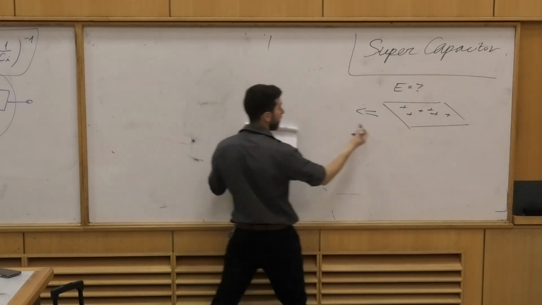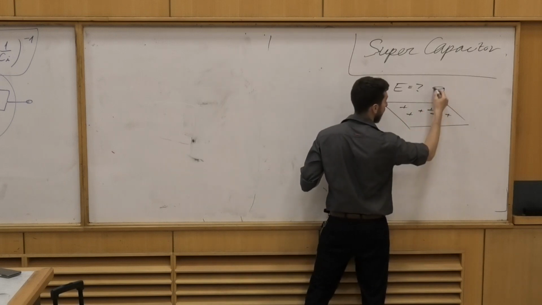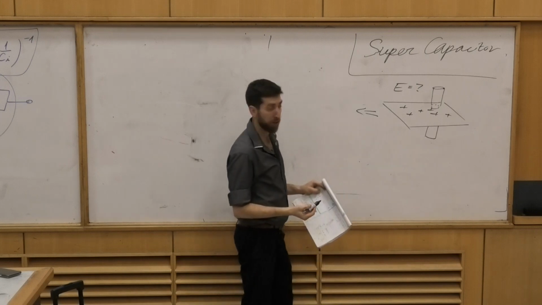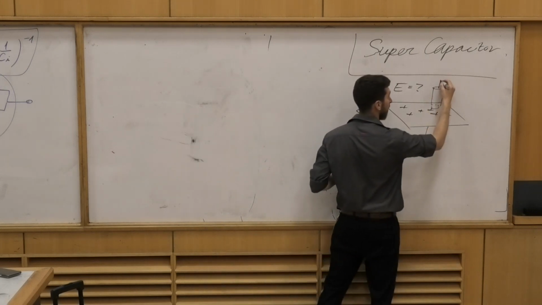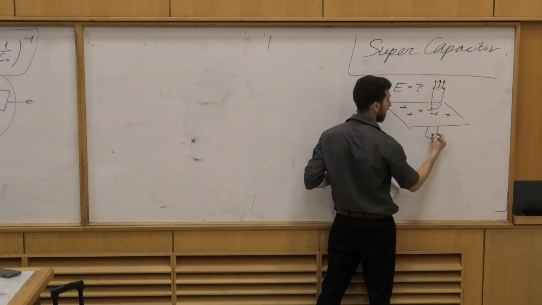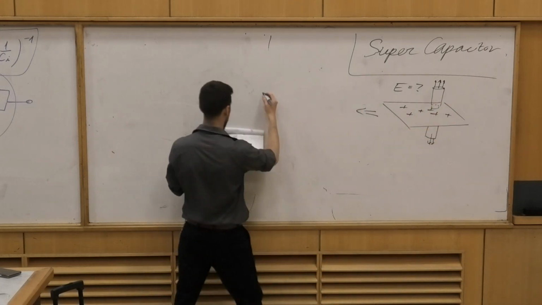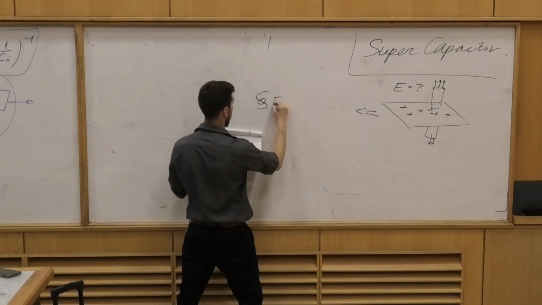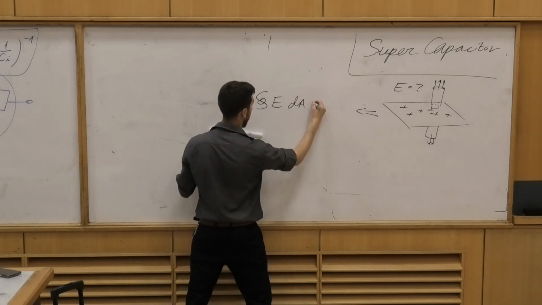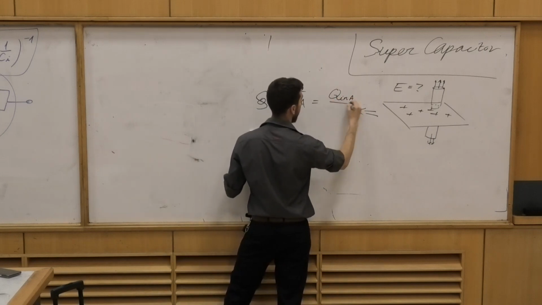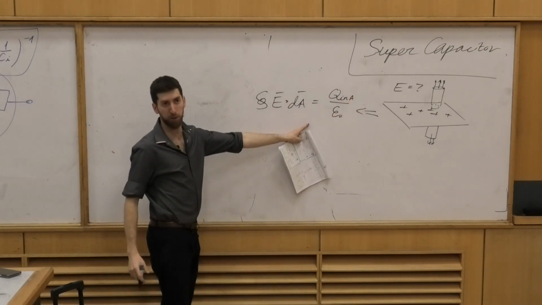Okay, so what we're going to do, we're going to use Gauss's law, right? We're going to draw some shape around it. We know because of symmetry that all the electric field is pointing in this direction, right? Gauss's law says the integral of E dot dA equals Q enclosed divided by epsilon naught, right?